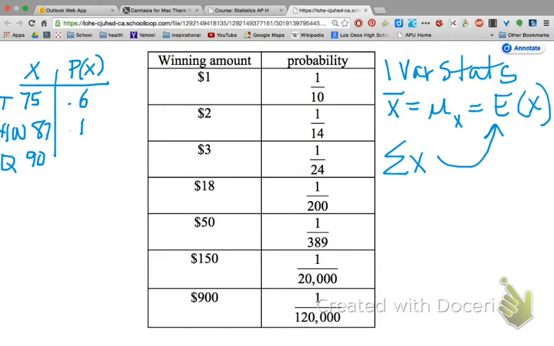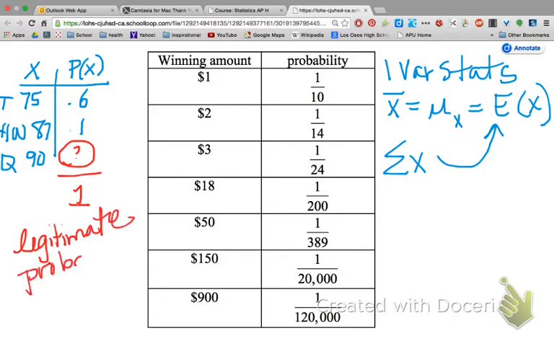If I stopped there, would you be able to get that last value? And hopefully you said yes, because you know that all of these must total 1 in order to be a legitimate probability distribution.